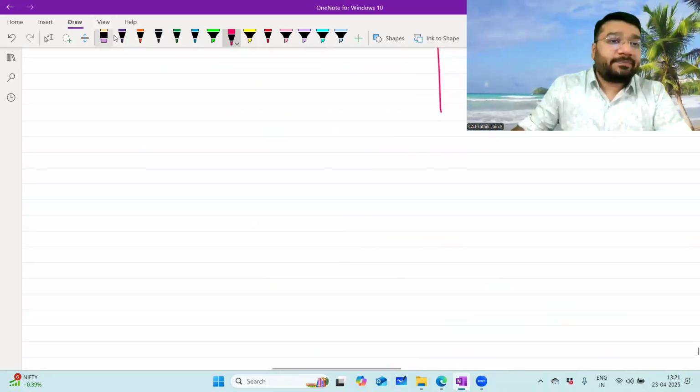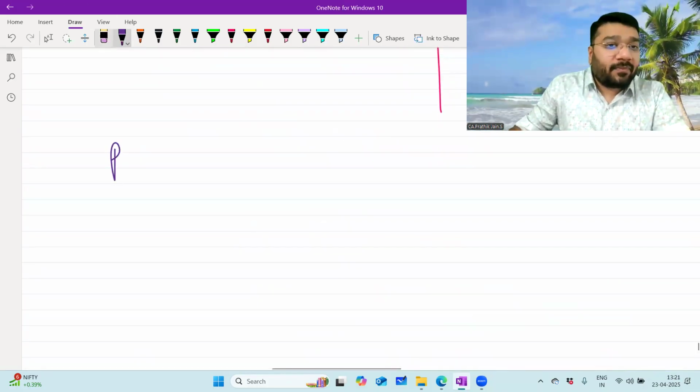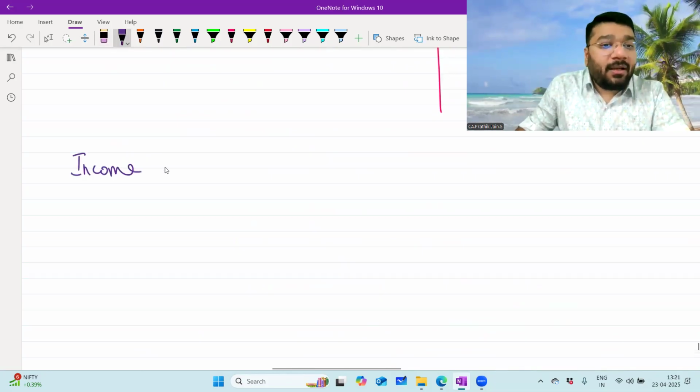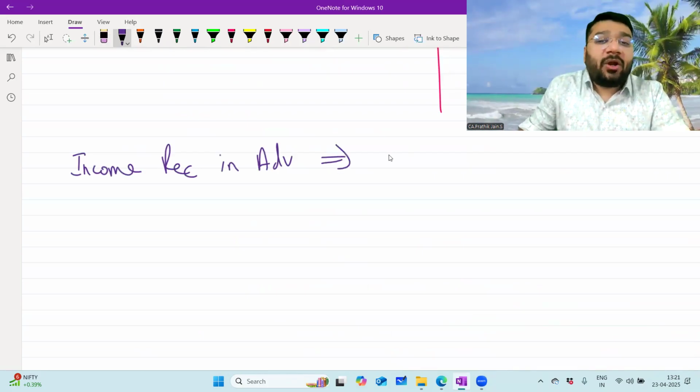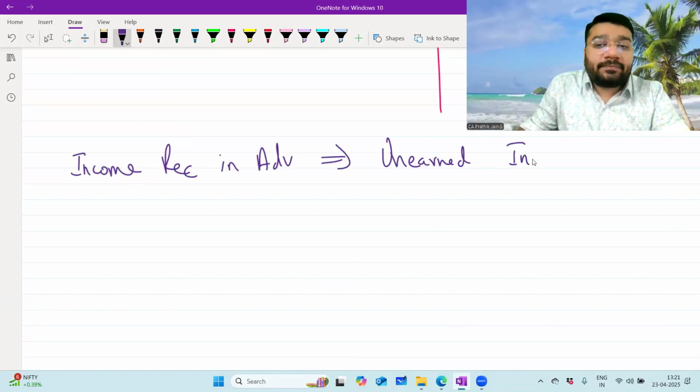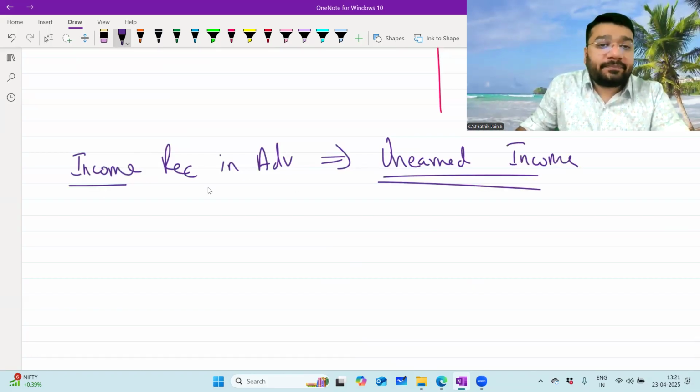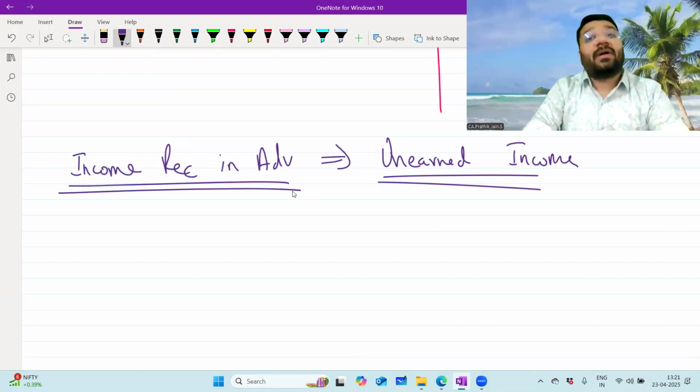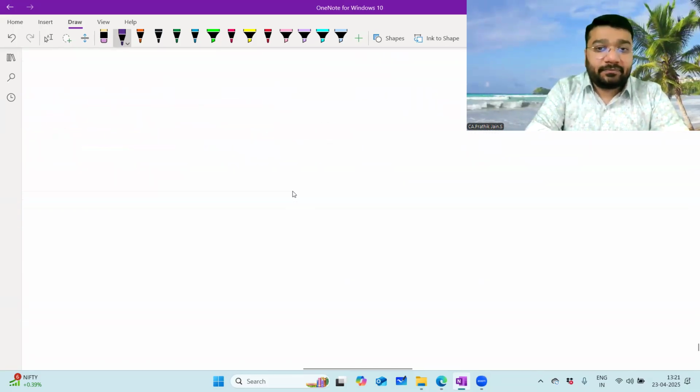Last concept. Income received in advance, shortly and sweetly called unearned income. Income received in advance, or unearned income.